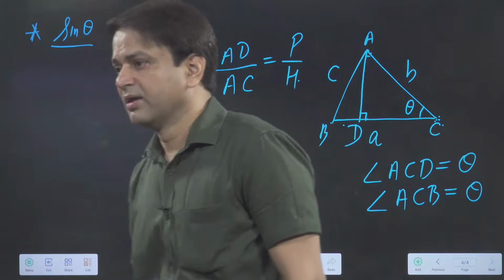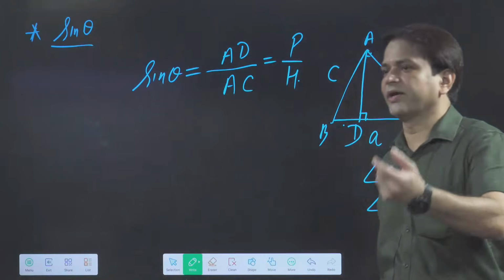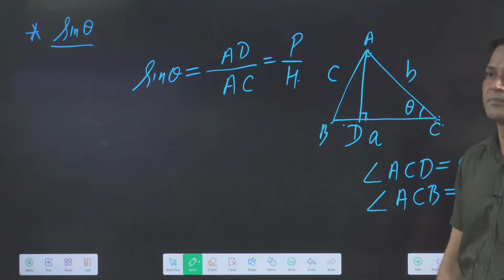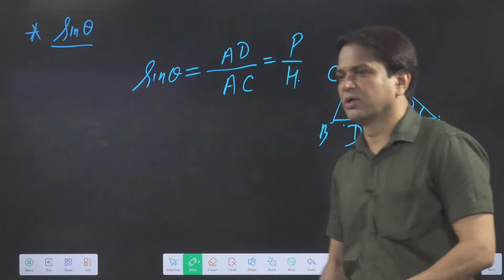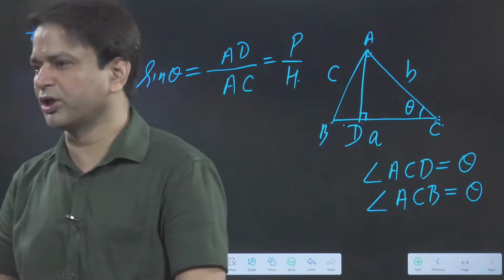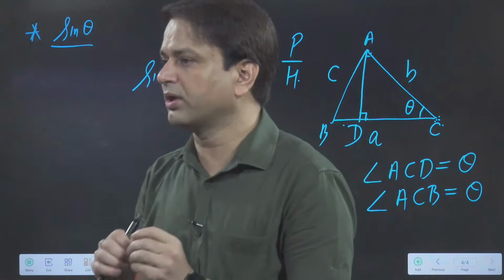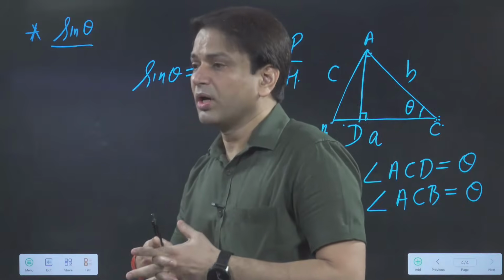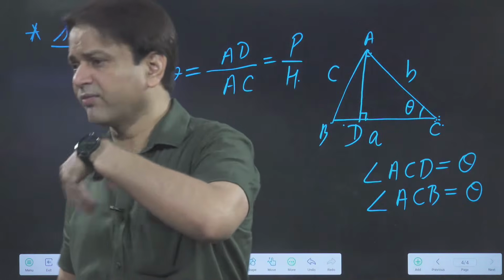If it is not a right angle, how we can make the right angle? That I said. Understood? So this is the formula of the sine theta, opposite upon hypotenuse, or we can use the perpendicular upon hypotenuse. Everybody got?